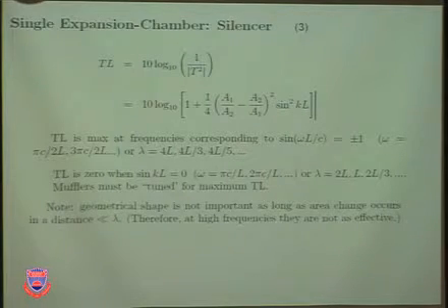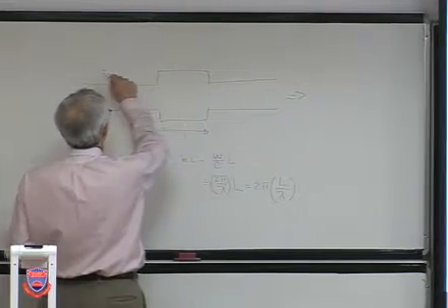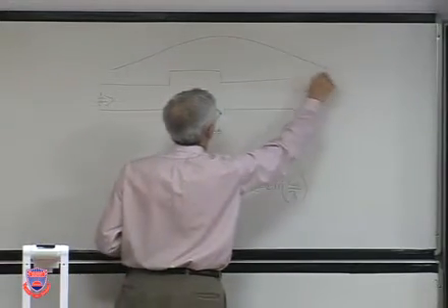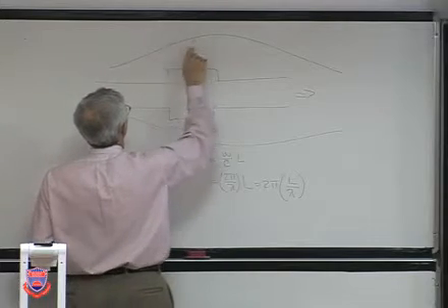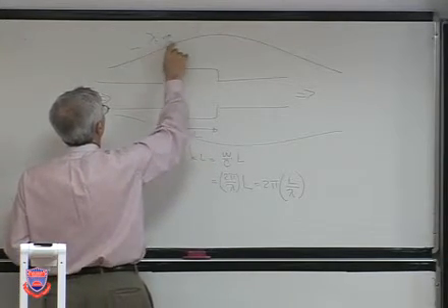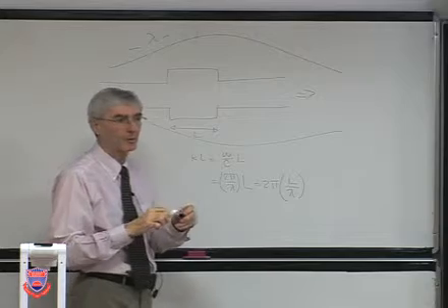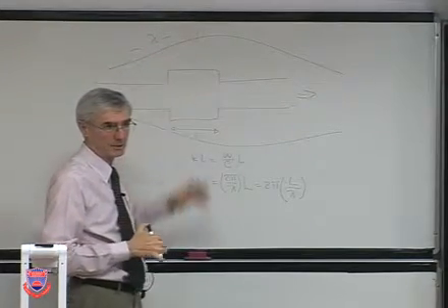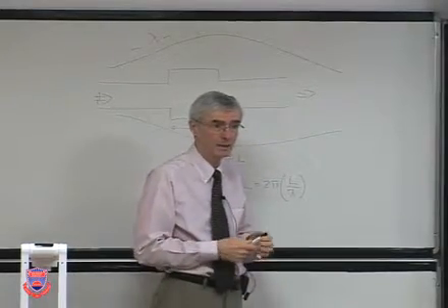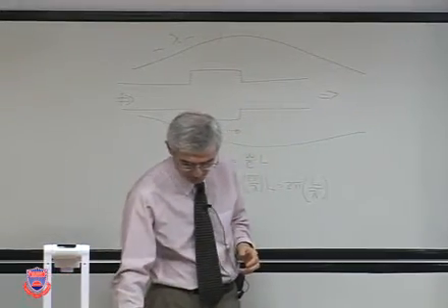Meaning, you do not want to have a change like this, where this change is comparable to the wavelength. Then it's not going to work. Okay? You want it to be an abrupt change. So there's an impedance change, not like a horn speaker.